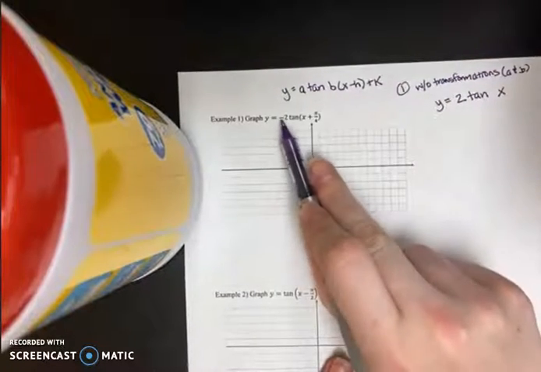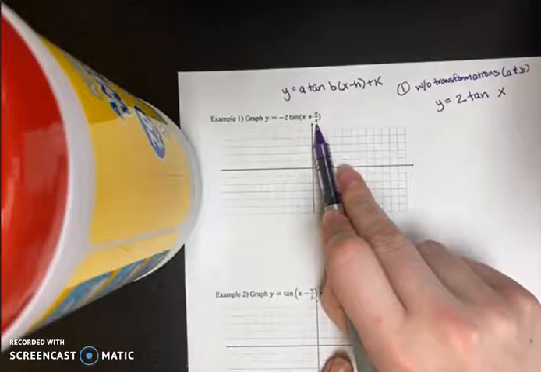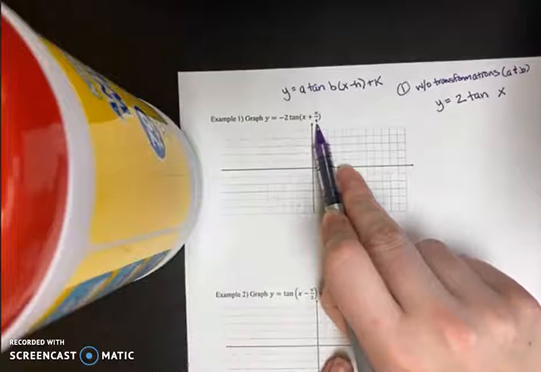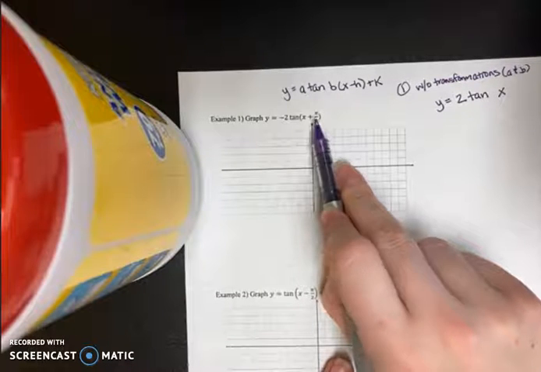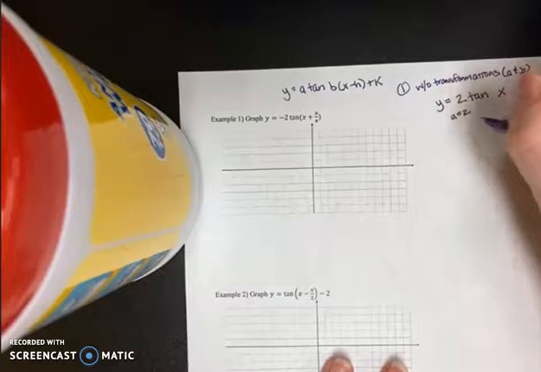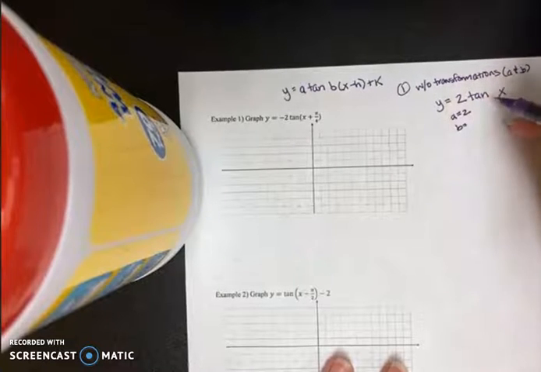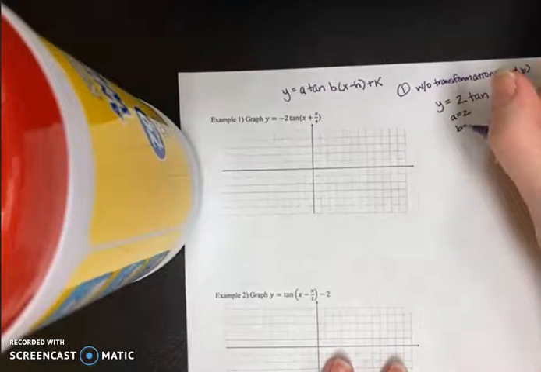I'm going to save the negative, which would cause a reflection, and the h value, which would cause it to move left, for my second step. A is going to be 2, and b, the number in front of x, or in front of the parentheses, is 1.